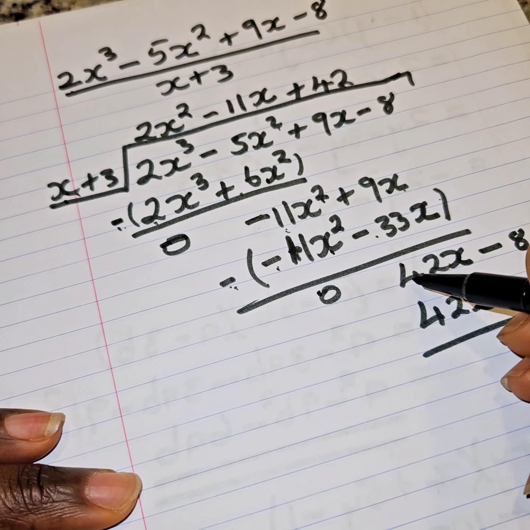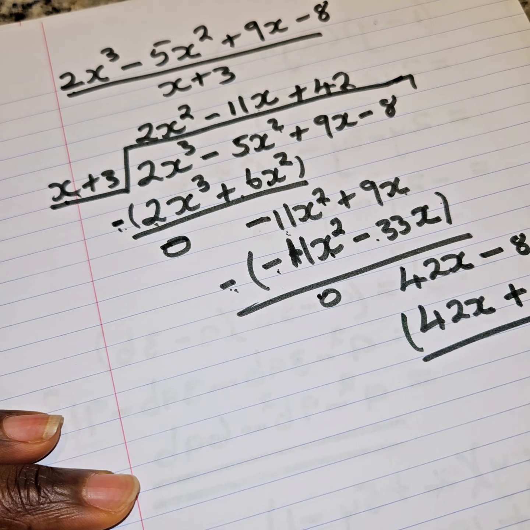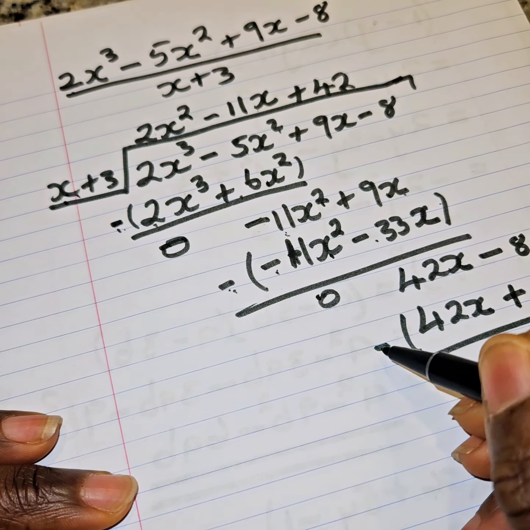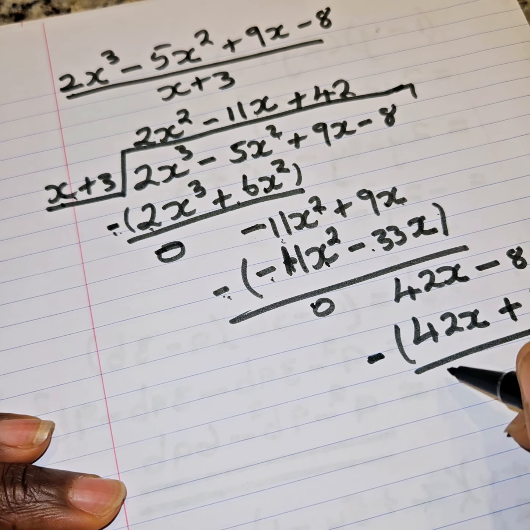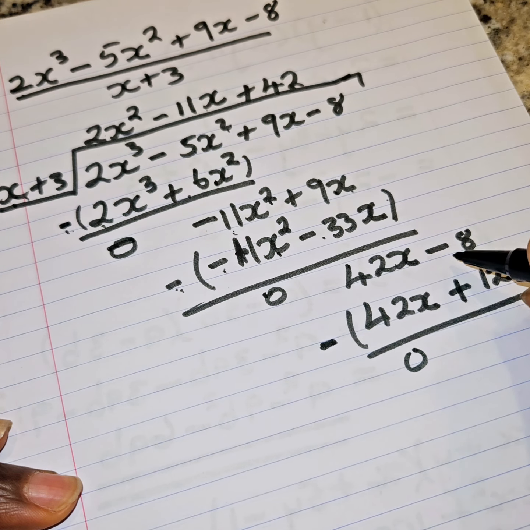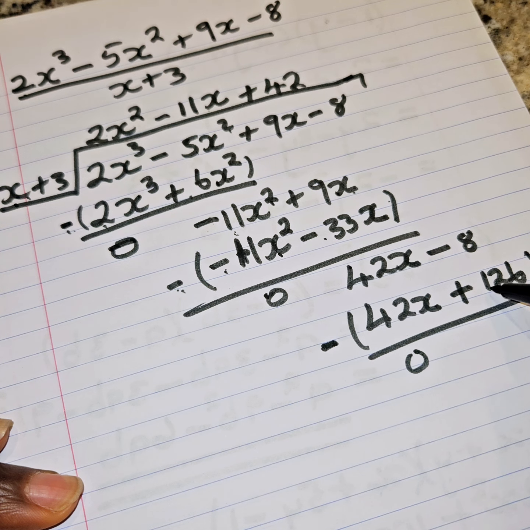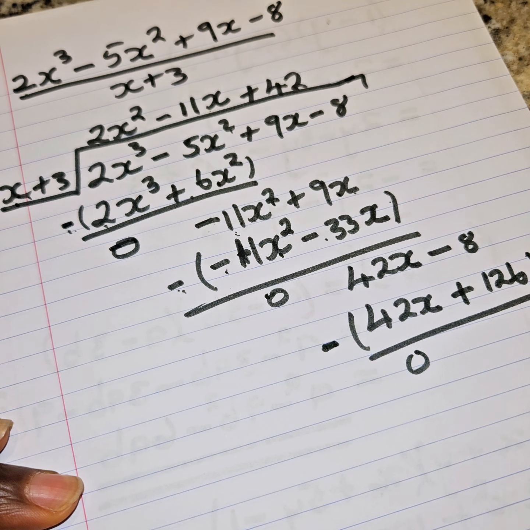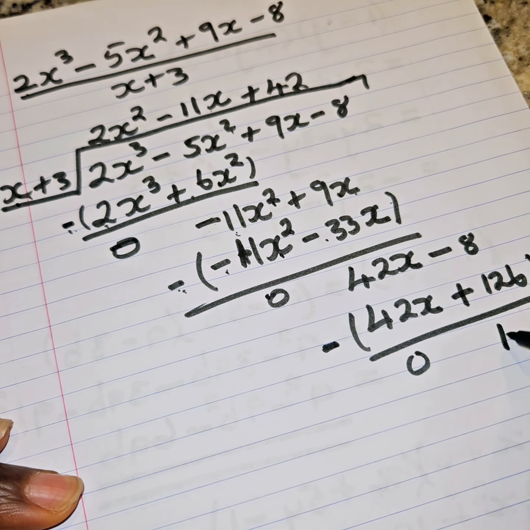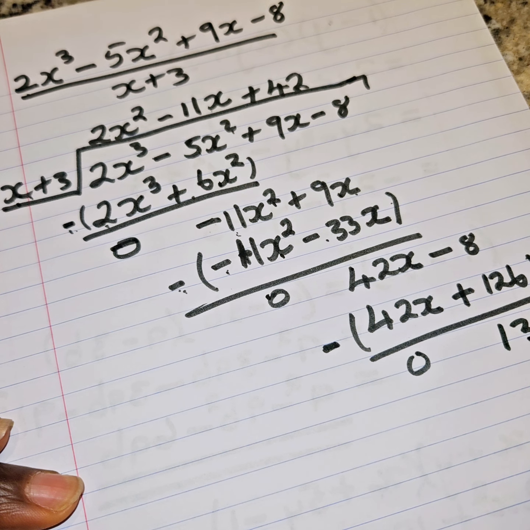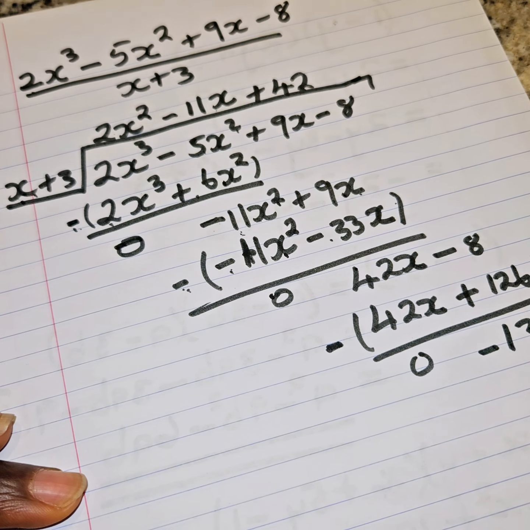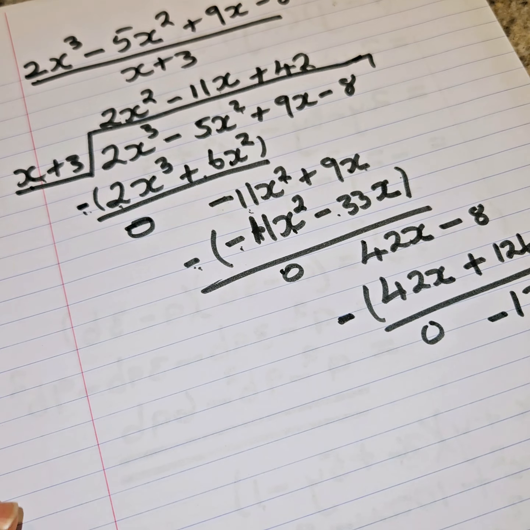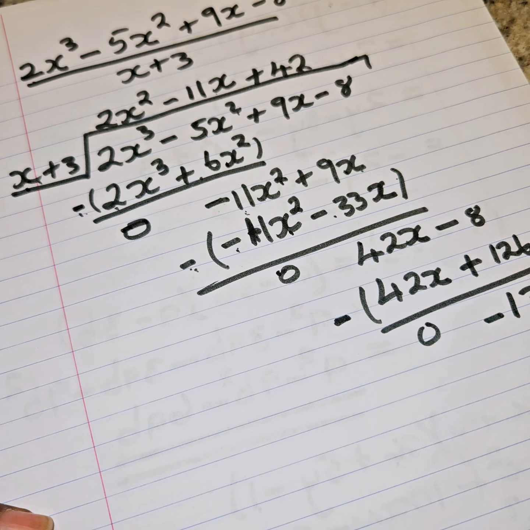Now I can do this minus this. I can put a minus sign here. 42 minus 42 is 0. Negative 8 minus plus 126 is going to give me negative 134. So we have succeeded to divide that.